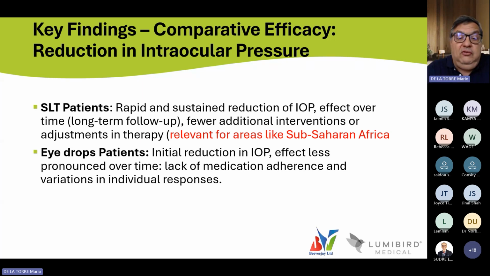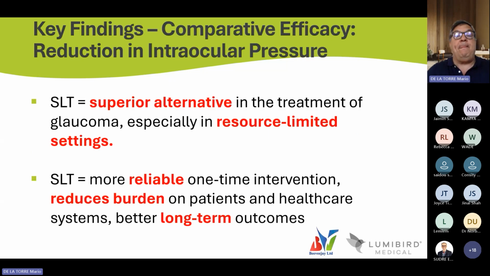With eye drops, they saw that the initial reduction of the intraocular pressure is the same. I mean, if you compare the goals, they are similar, but with an effect less pronounced over time. Why? Because there is a lack of medication adherence and a lot of variation in individual responses.